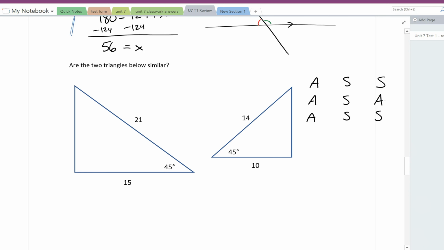Let's see what we have here. Is there any way for me to figure out these two missing angles in both triangles? Well, no. So there's no way I'm going to be able to get all three angles for both triangles to compare. So angle, angle, angle is out.